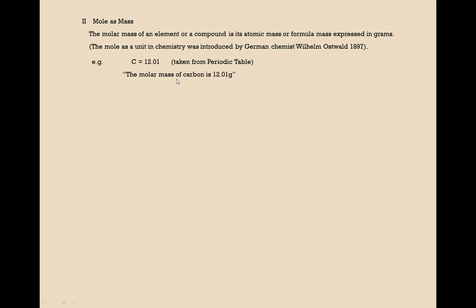In other words, we can say the molar mass of carbon is 12.01 grams. Another way of saying the same thing is 1 mole of carbon weighs 12.01 grams. So these are equivalent statements. They mean the same thing.